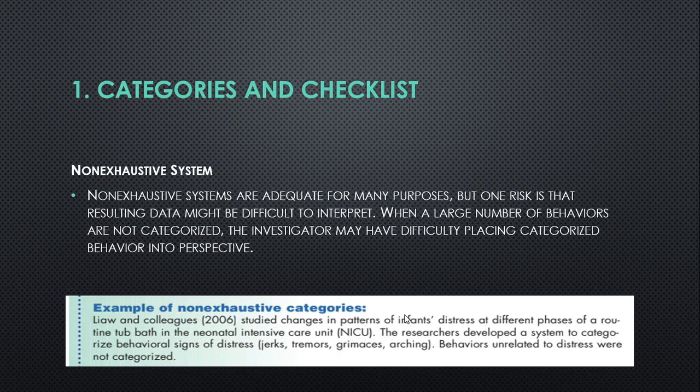An example of this is from Liao and colleagues in 2006, who studied changes in patterns of infant distress at different phases of a routine tub bath in the neonatal intensive care unit, or NICU. The researchers developed a system to categorize behavioral signs of distress, like for example the jerk, tremors, grimace, and arcing. Behaviors unrelated to distress were not categorized.